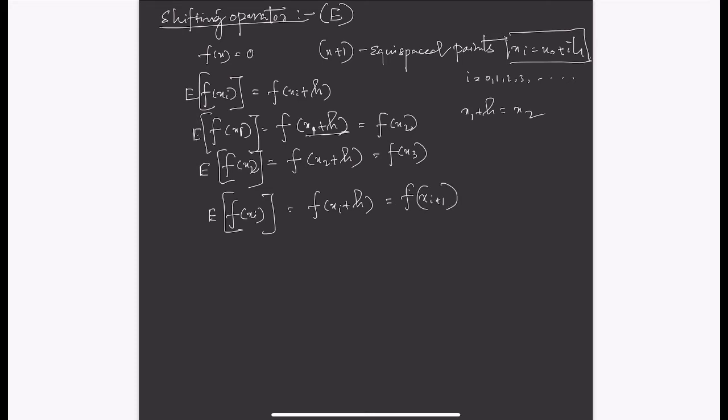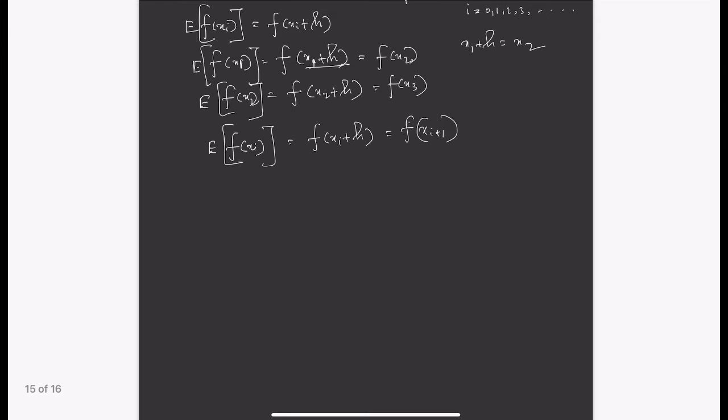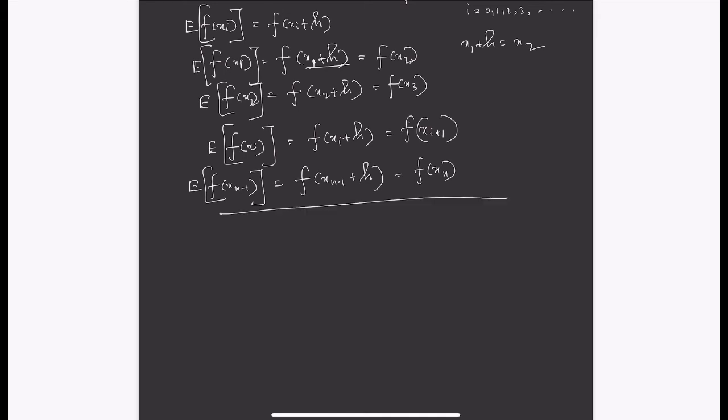Okay, that is the main idea behind this. Likewise, E of f of x(n minus 1), after shifting, will become f of x(n minus 1) plus h. That means f of xn. It is going to be like this.